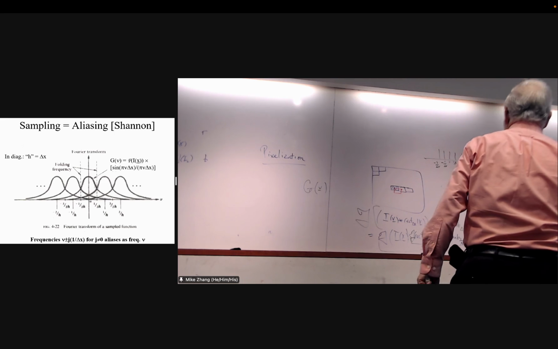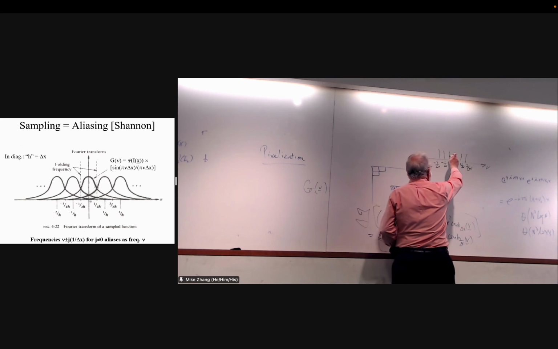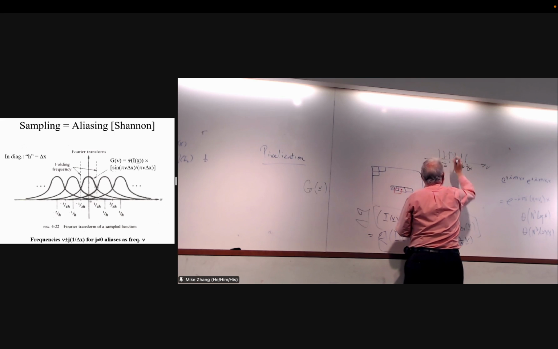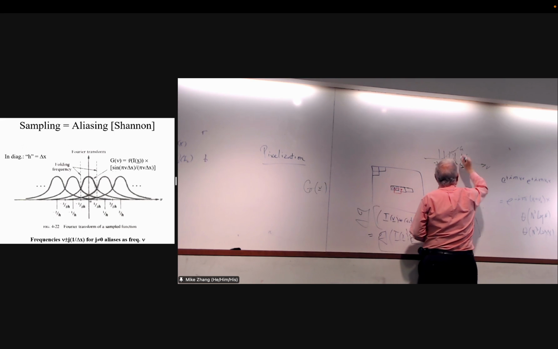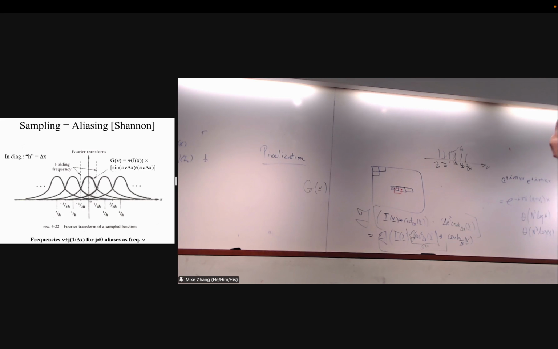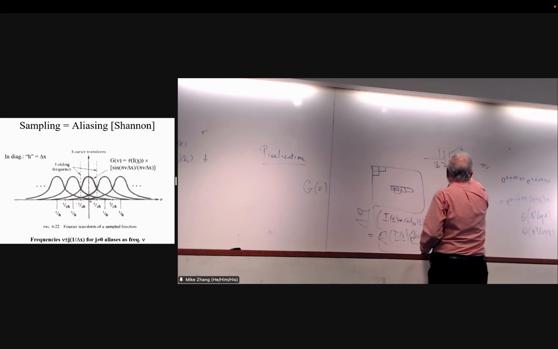But the upshot, it's replacing each one of these guys by the corresponding G kernel. So you get repeated G's, one for each one of these impulses, the same.